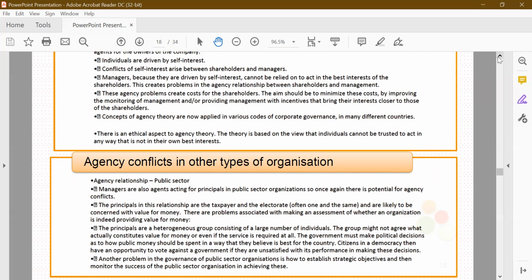Very, very important to note. In a public organization, which is an organization that exists to serve some government policy or to fulfill some social need, like education, healthcare, etc., the principal is the taxpayer and the electorate.